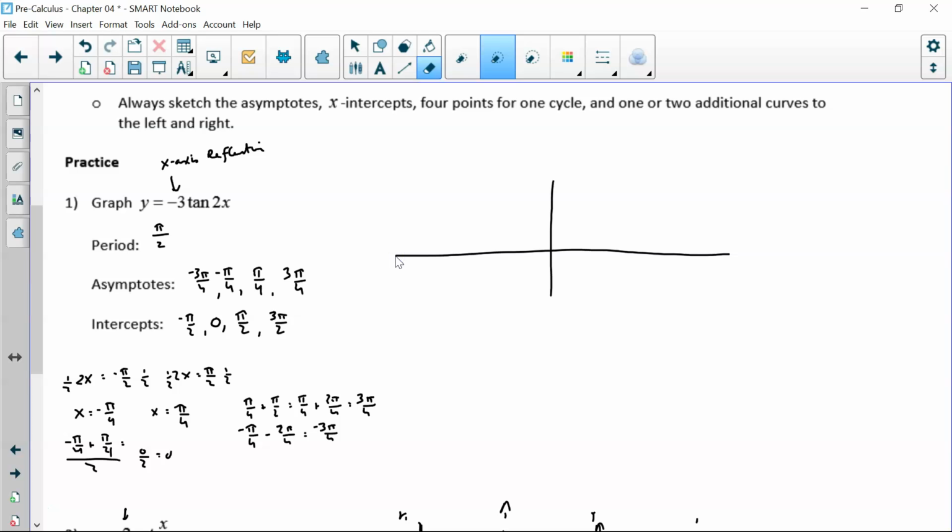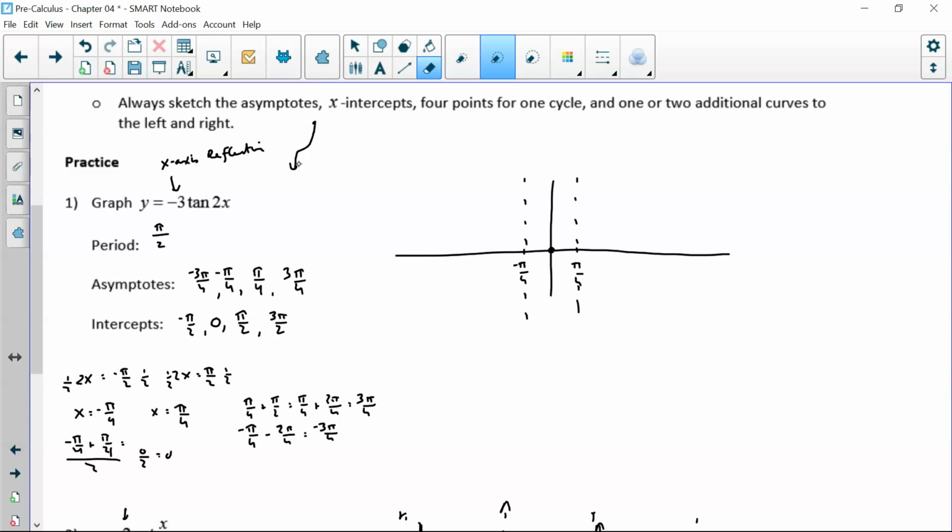So now, I've got my negative pi over 4. I've got my positive pi over 4. There's my first set of asymptotes. And my intercept is in between. Now, normally, tangent rises from left to right.